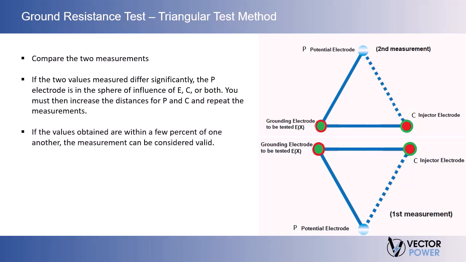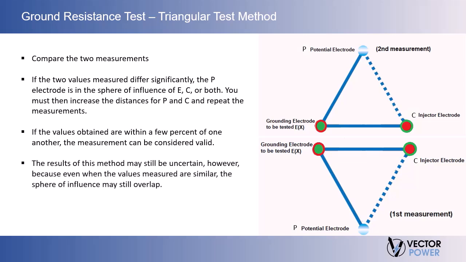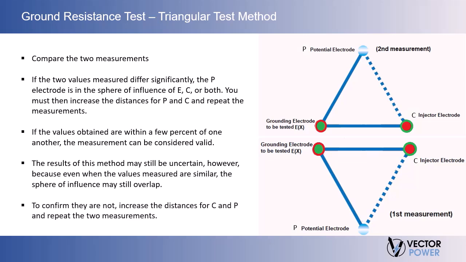If the values obtained are within a few percent of one another, the measurement can be considered valid. The results of this method may still be uncertain, however, because even when the values measured are similar, the sphere of influence may still overlap. To confirm they are not, increase the distance for C and P and repeat the two measurements.